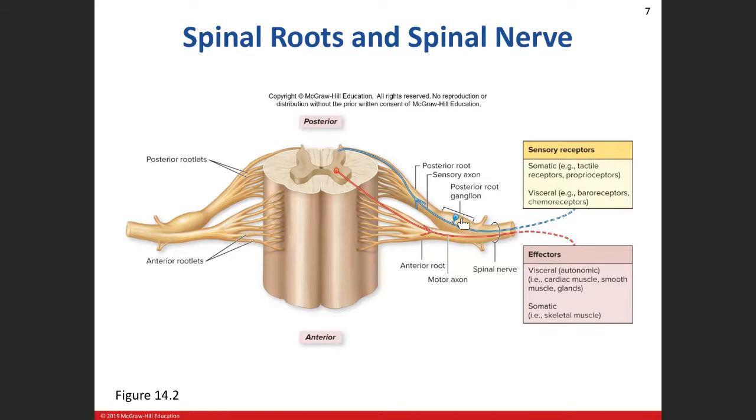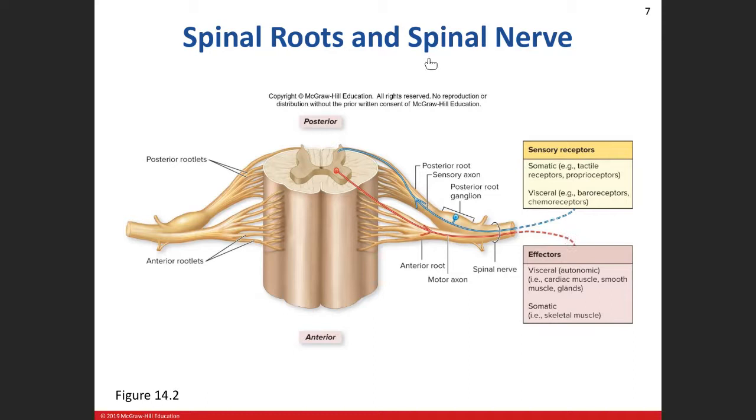All the cell bodies of these sensory neurons are found in the posterior root ganglion. This is representing a sensory axon, which is coming from the periphery and going up into the spinal cord. And this red one here represents the motor axon that's exiting the spinal cord and going out to an effector organ.